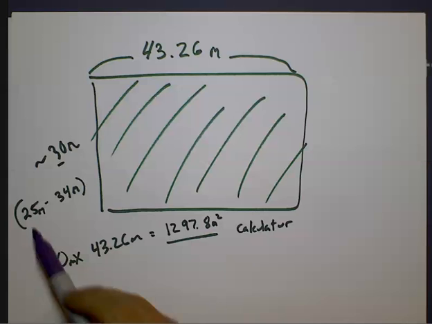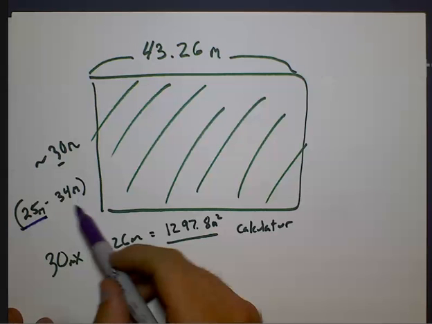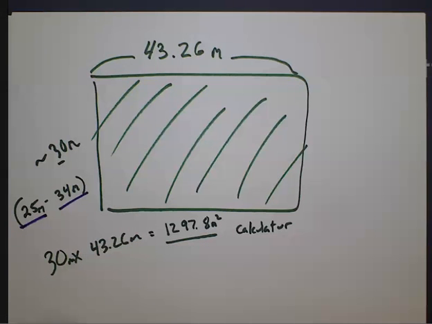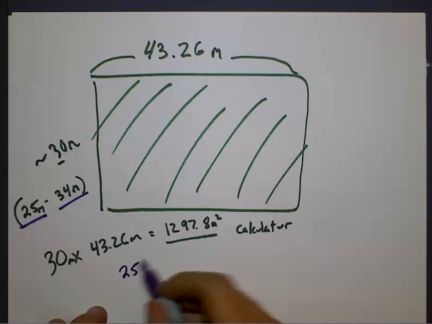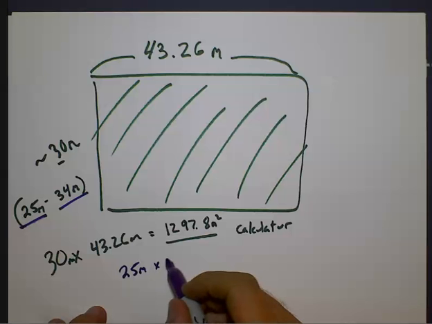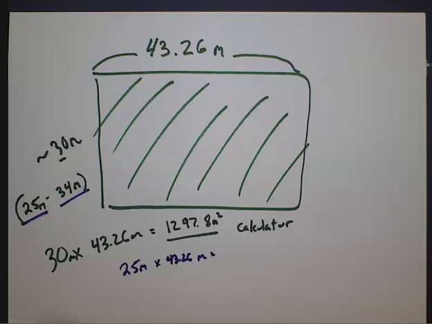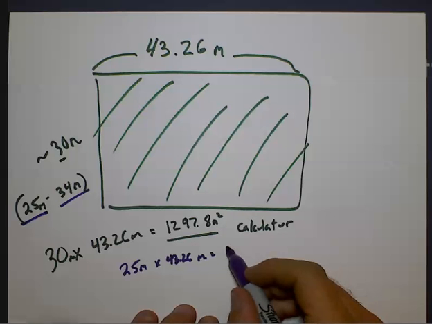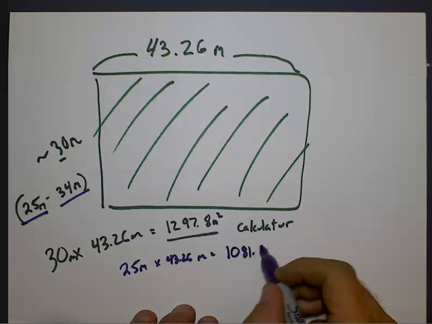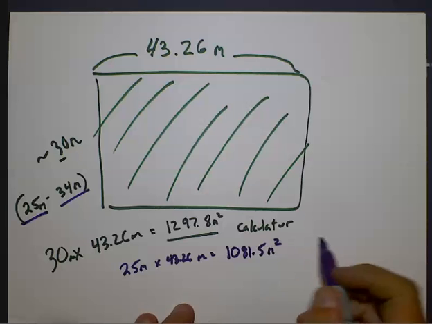We don't know if this is on the 25 side or the 34 side, or whether it's actually right there at 30 meters. We don't know. So for the sake of argument, let's do it if it was 25 meters. So we've got 25 times 43.26, and that gives us 1,081.5 square meters.